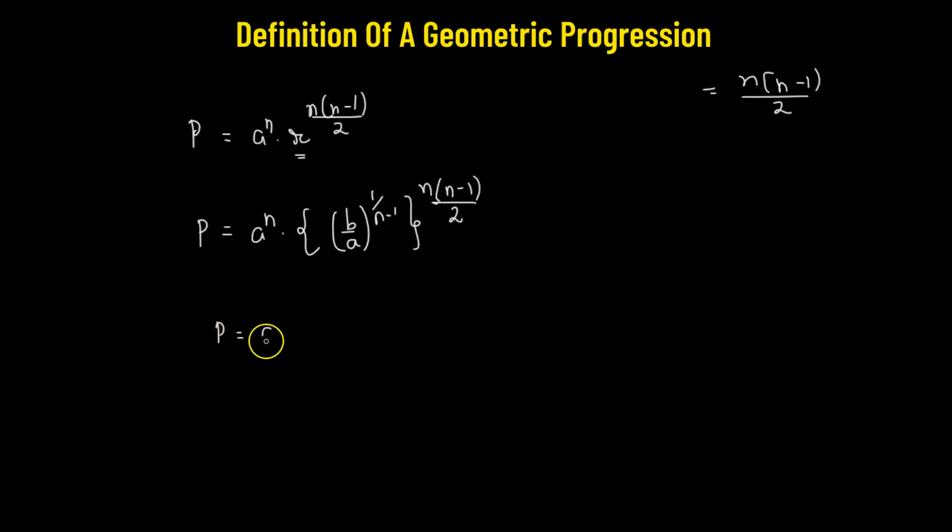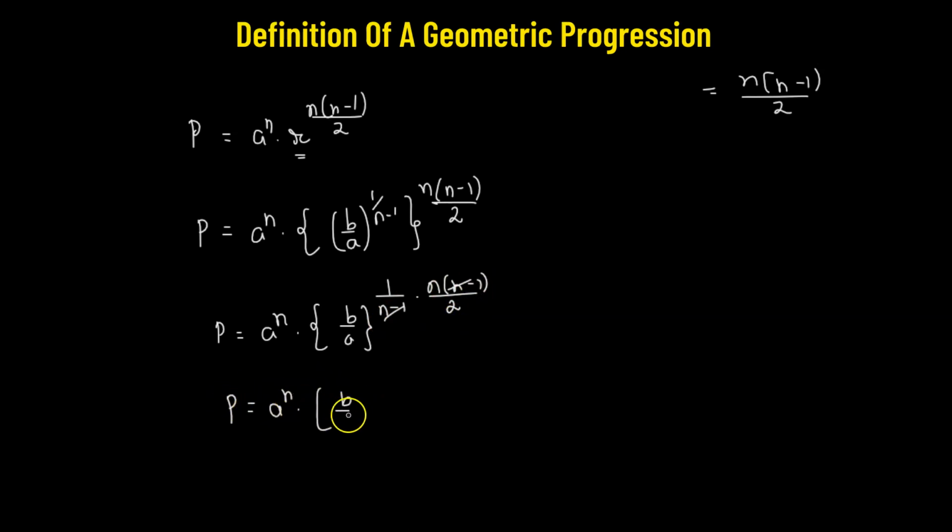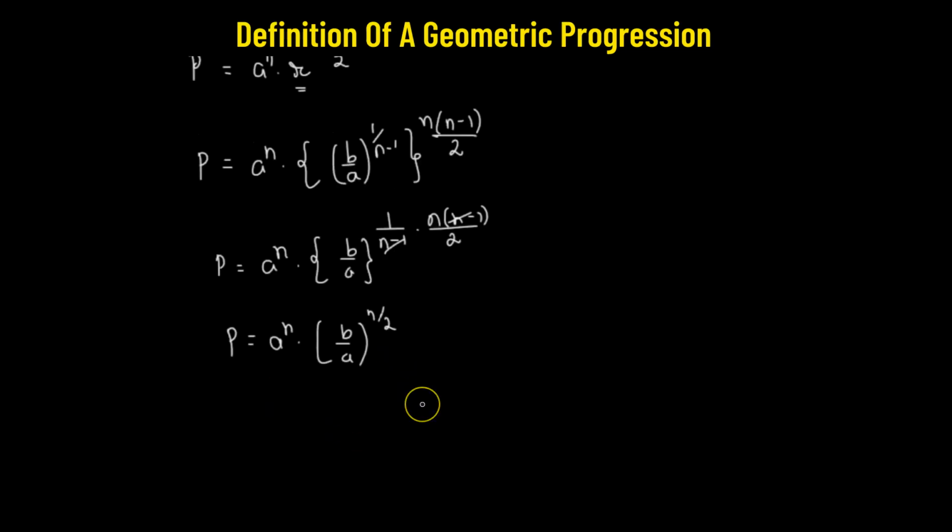So the powers will get multiplied: 1 over n minus 1 times n times n minus 1 divided by 2. Here n minus 1 and n minus 1 get cancelled out. So p will be equal to a raised to the power of n times b over a whole raised to the power of n over 2.